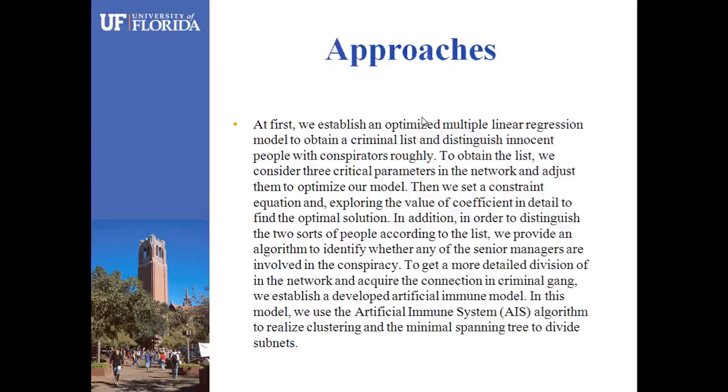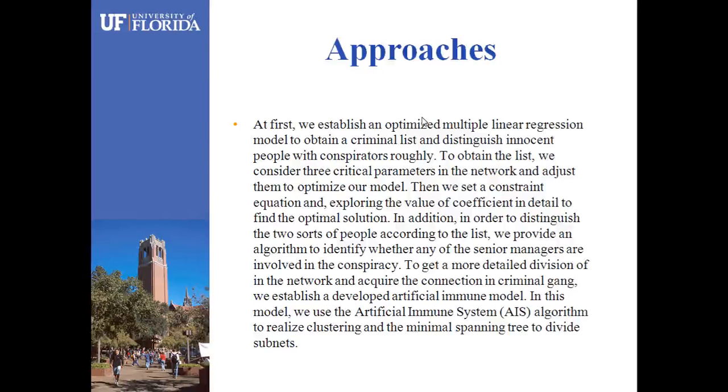Then we set a constraint equation and explore the value of the coefficients in detail to find the optimized solution. In addition, in order to distinguish the 2 sorts of people according to the list, we provide an algorithm to identify whether any of the senior managers are involved in the conspiracy.